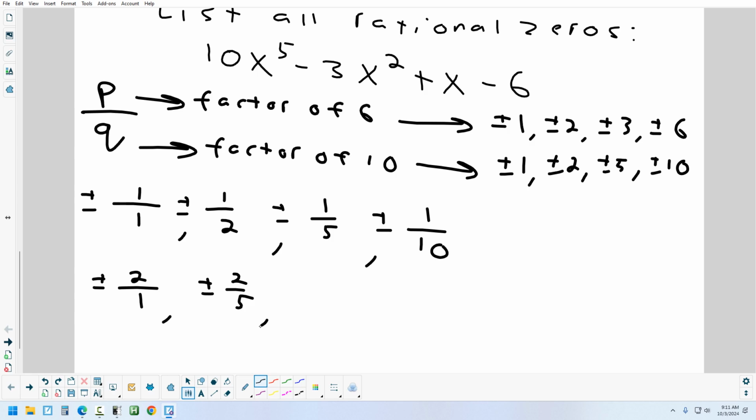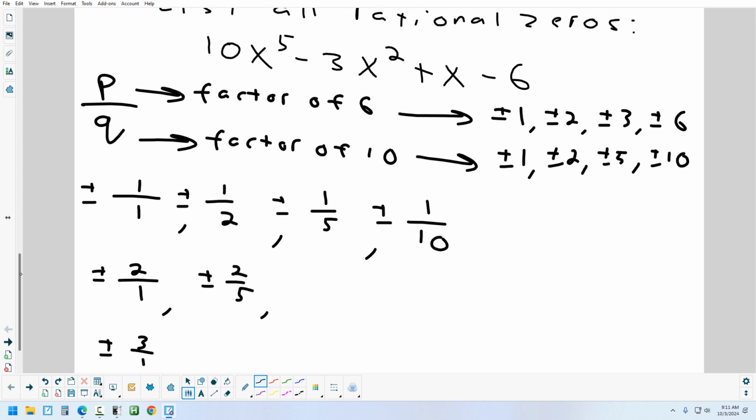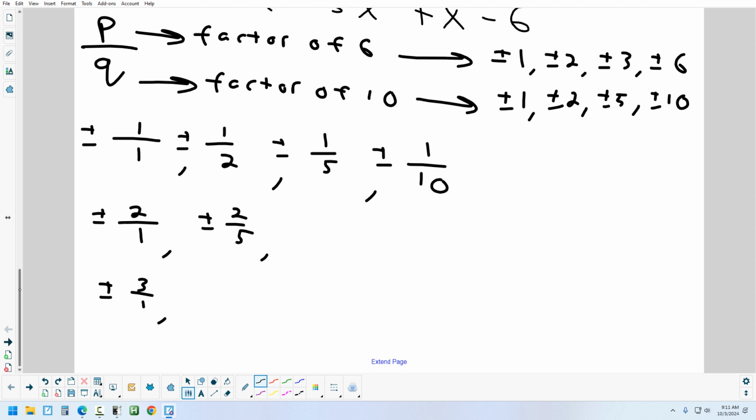What's the next number that can be in the numerator? 3 over 1. Yep, so we could have 3 over 1. Next one? 3 over 2. 3 over 5. And 3 over 10. All right, and the last one.